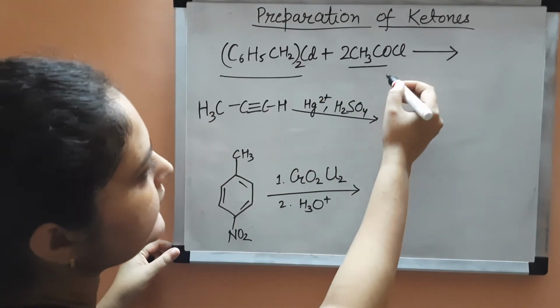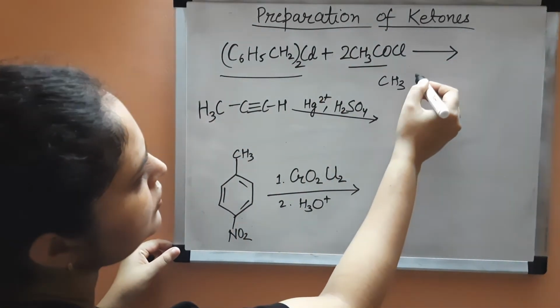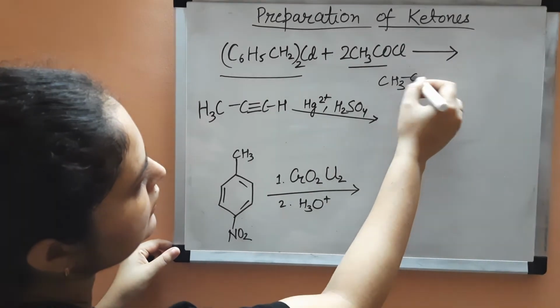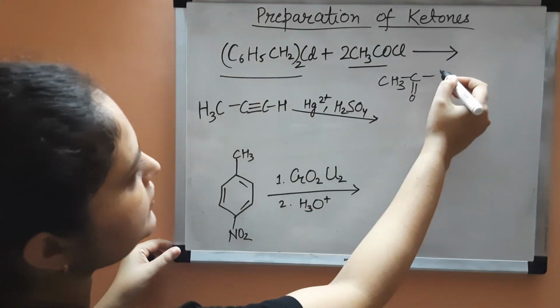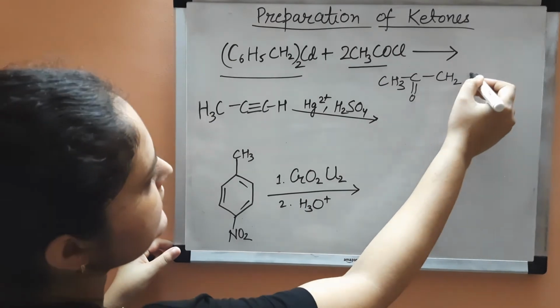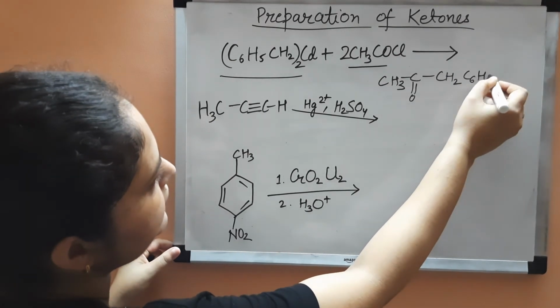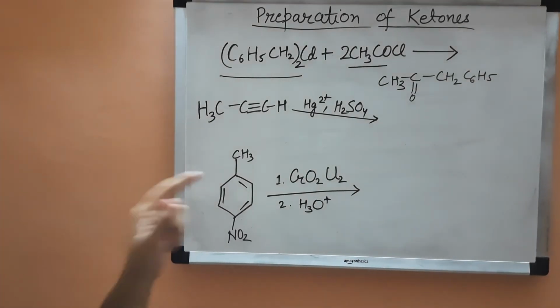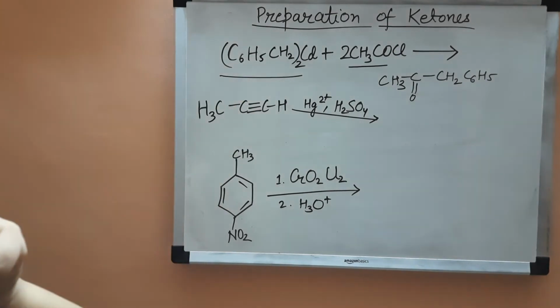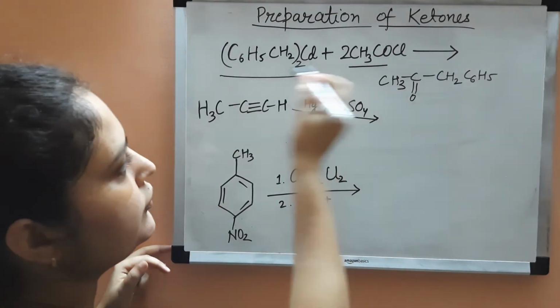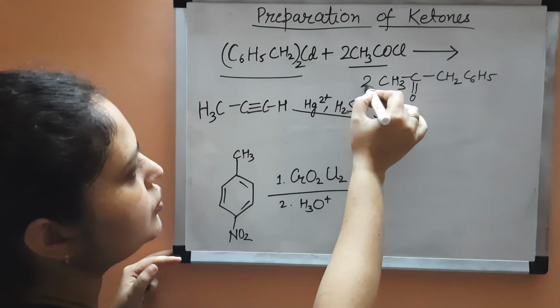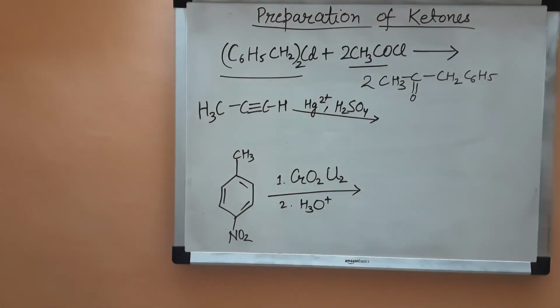So you will get CH3CO, and this alkyl group is CH2C6H5. So you will get this ketone from the first reaction, and on balancing you will get twice of this ketone. So the first reaction is solved.